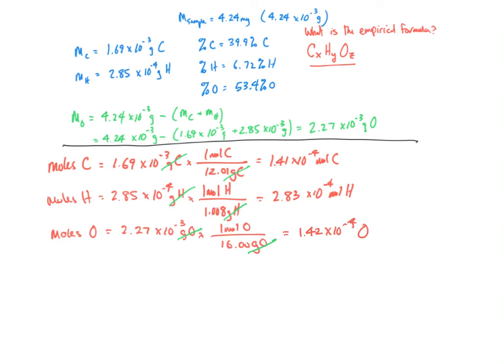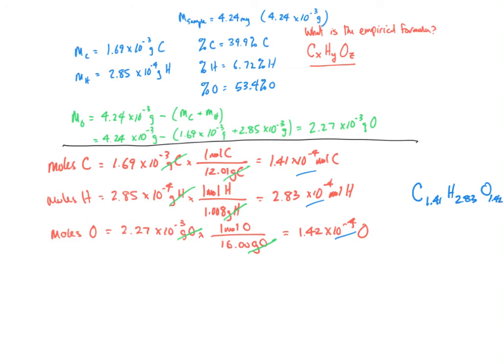Okay, once we have moles, remember we can put this into our formula. And you notice also these are all times 10 to the minus 4, so I'm going to leave that off. I'm just going to say C is 1.41, H is 2.83, and oxygen is 1.42.